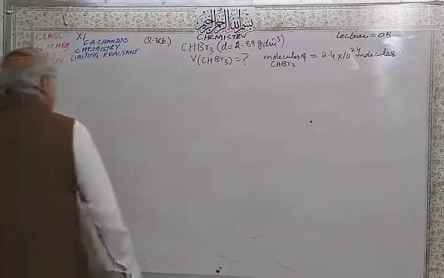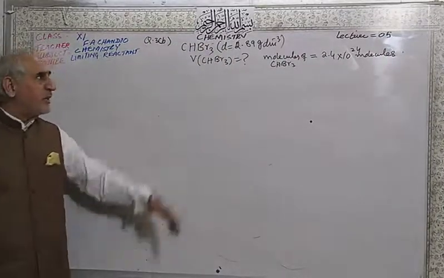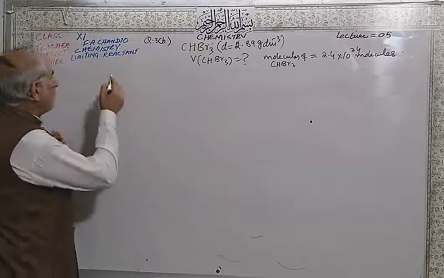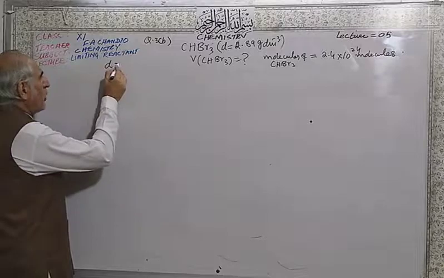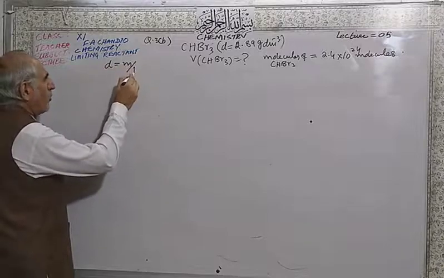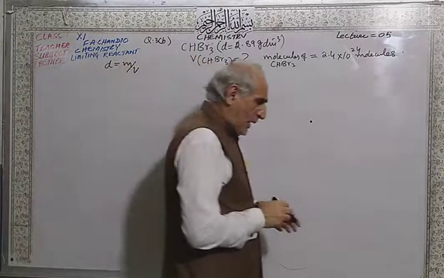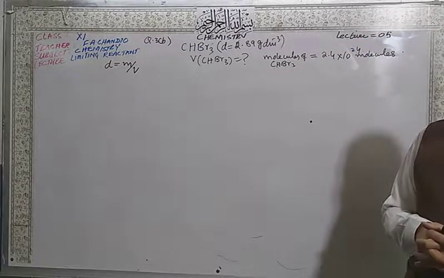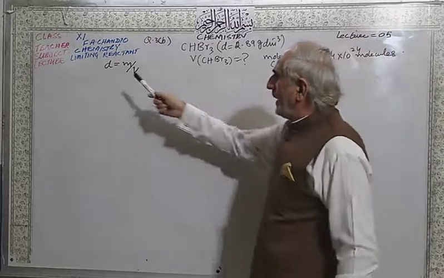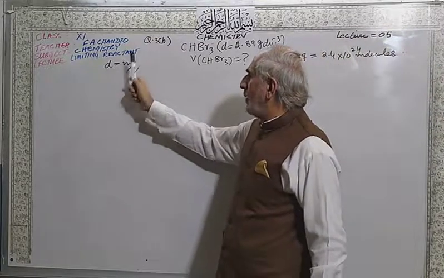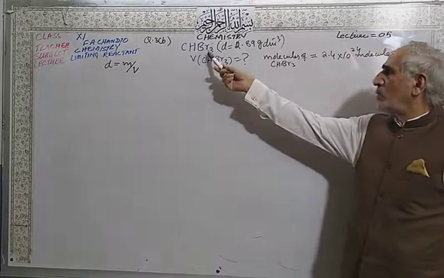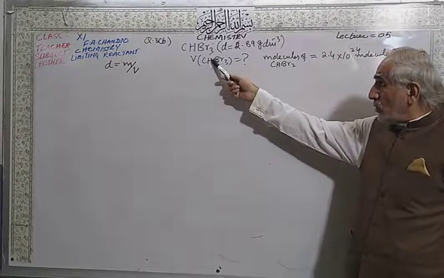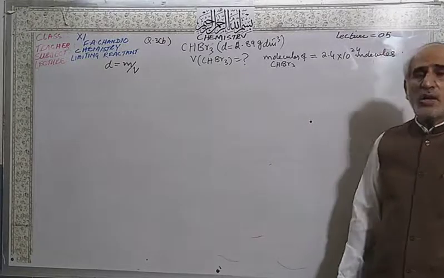So when we are going to calculate the volume, there are many formulas, but here density is given. So D is equal to M over V. Density is equal to mass per unit volume. In the numerical, D is provided, volume you have to find, mass is not given.